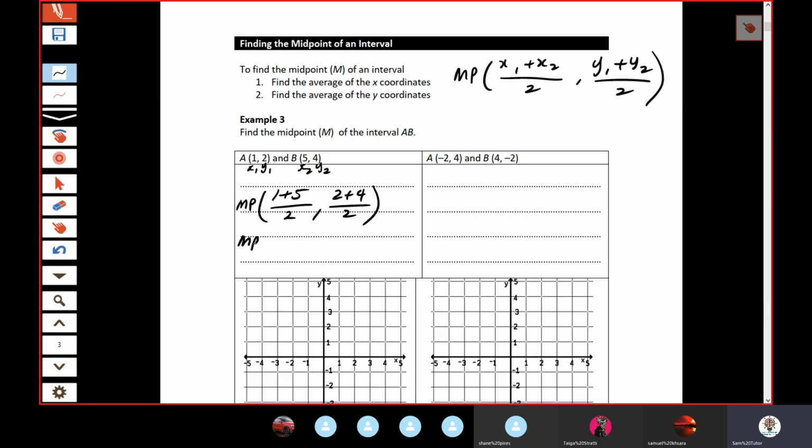So therefore your midpoint is 1 plus 5 is 6, 6 over 2 is 3, 2 plus 4 is 6, 6 over 2 is also 3. All right, any questions at this stage? Anyone not understanding what we're doing? No questions. Good stuff.